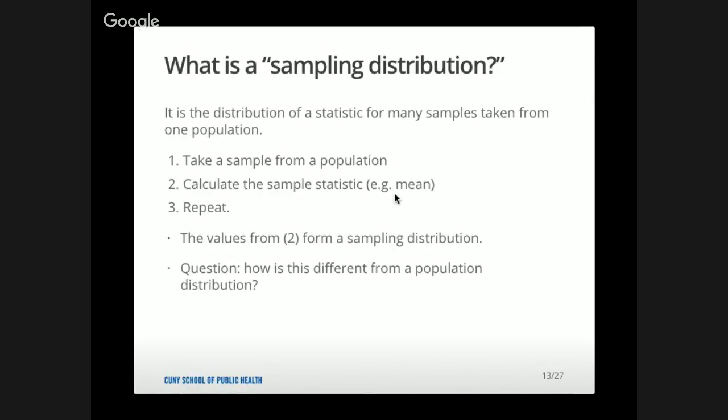If you go from samples of n equals 10 to samples of n equals 20, you will get a different sampling distribution. So that is one way that the sampling distribution differs. It's not a property only of the individuals in the population, it's also a property of your sample size.